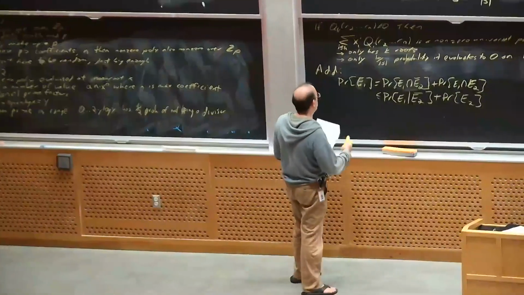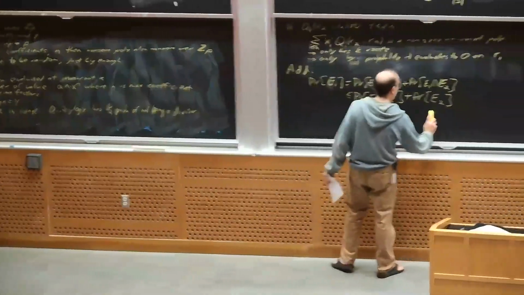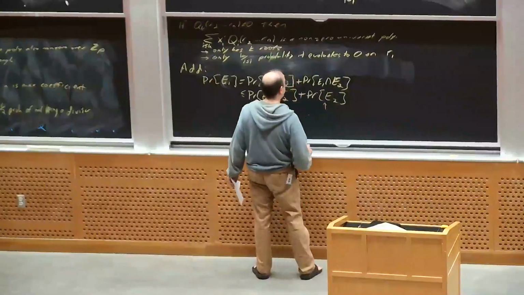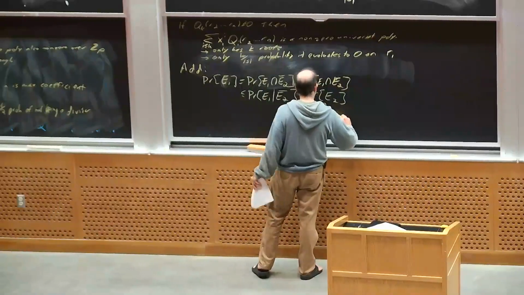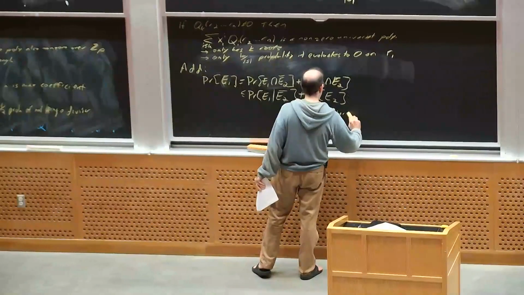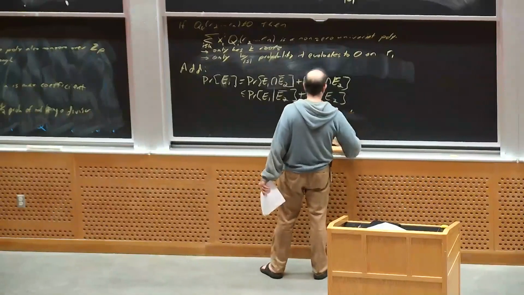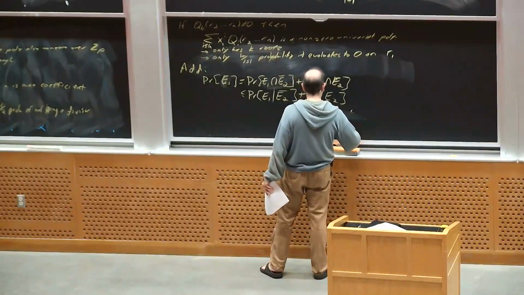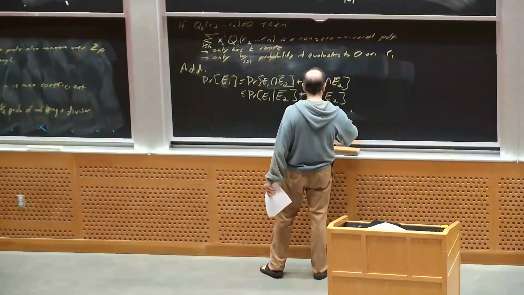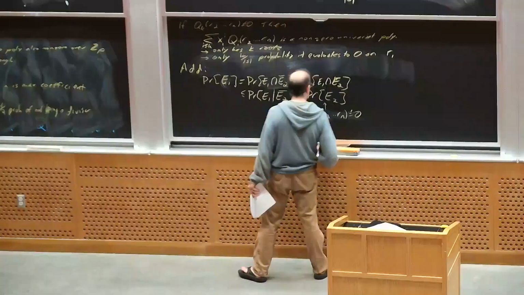But now I can read these off as the events that I analyzed up there, right? So E2 is the event of getting qk of r2 through rn equal to 0.